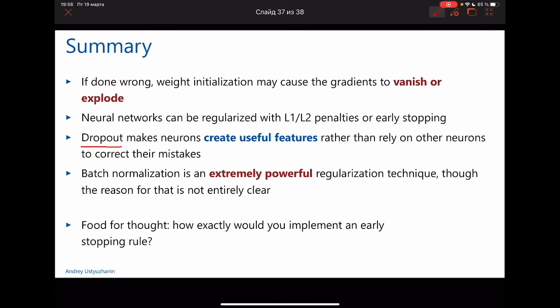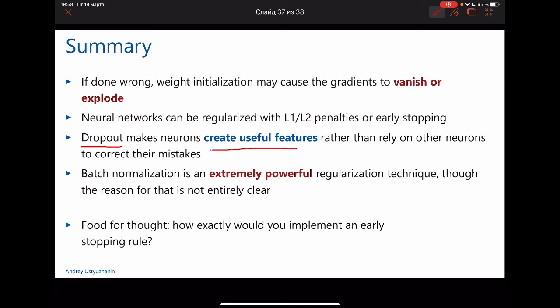Also, in an evolutionary sense, dropout makes neurons create useful features rather than rely on other neurons to correct their mistakes. And batch normalization is an extremely powerful technique that really helps to improve the accuracy of neural networks.